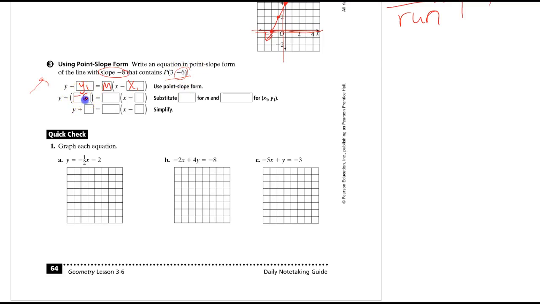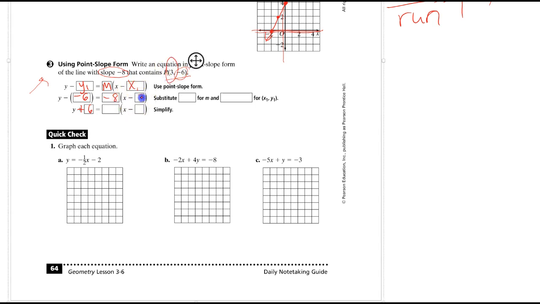Now, wait a minute, Mrs. Mitchell, it already has a negative there. Yes, you're right. But even though this is -6, you have to write the whole thing. So look at that. They even showed you in the simplification y minus -6 turns out to be y plus 6. But I'm getting ahead of myself. So here we go. Here's the slope of -8 and the x value of +3.